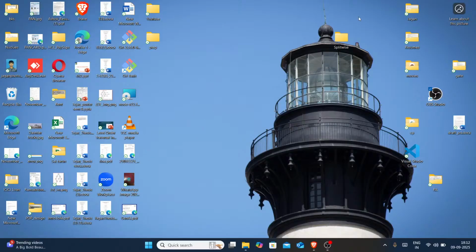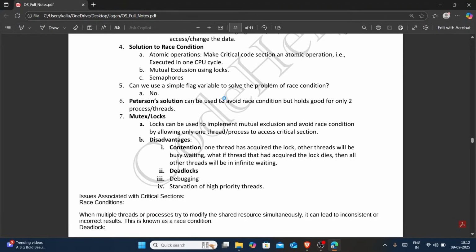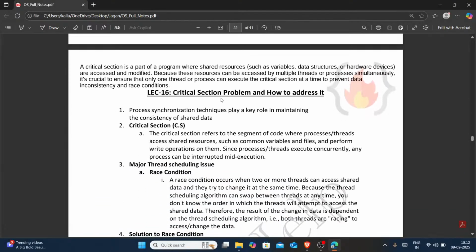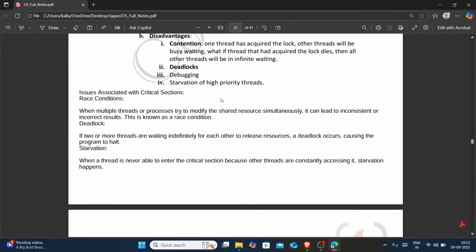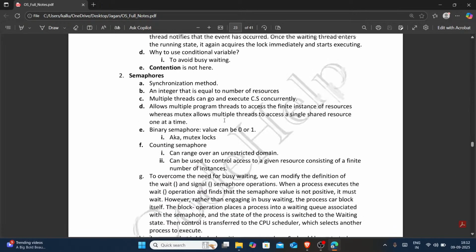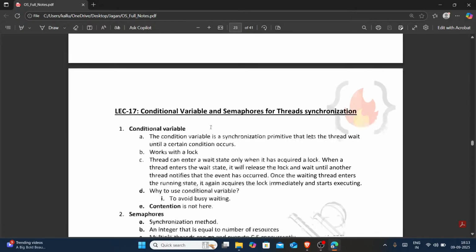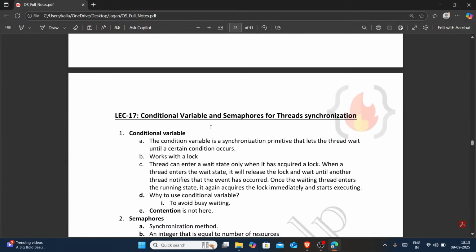Today I'll be studying operating systems once again. I had read up to the critical section problem and how to address it in the morning. So I have to read about condition variables and semaphores for thread synchronization and concurrency.